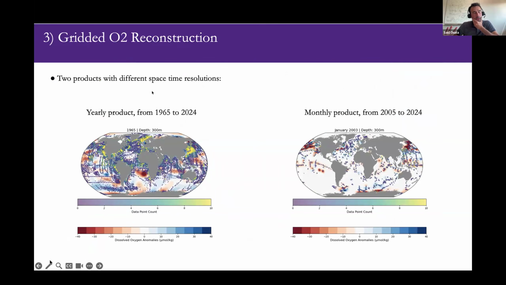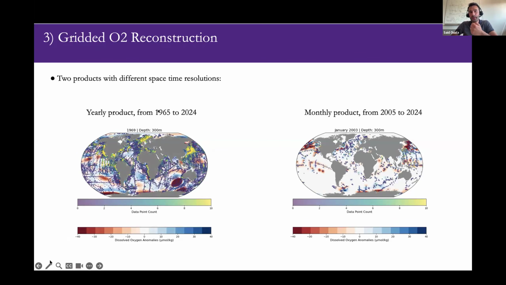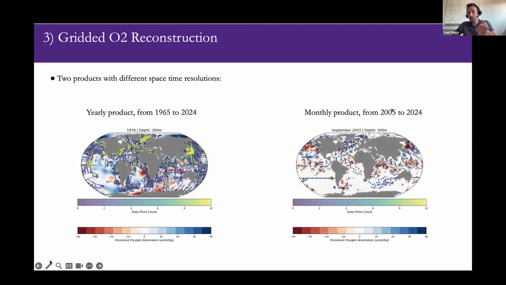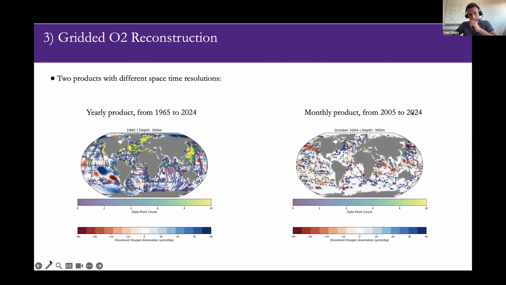Then once we had trained those models for dissolved oxygen and nutrients, we started the first application, which is the optimal interpolation of all the dissolved oxygen measurements coupled to the emulated dissolved oxygen measurements. Here we defined two different products, one with a yearly resolution from 1965 to 2024, and one with a monthly resolution from 2005 to 2024.